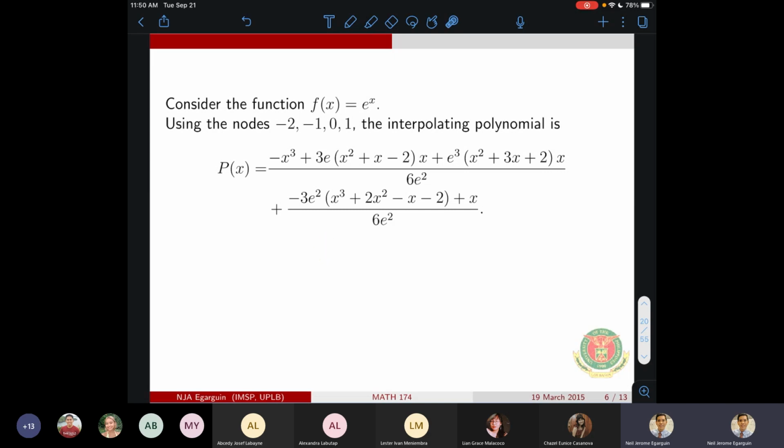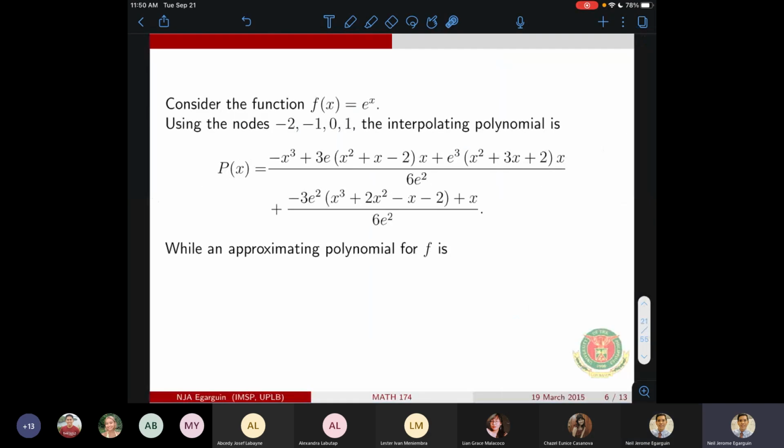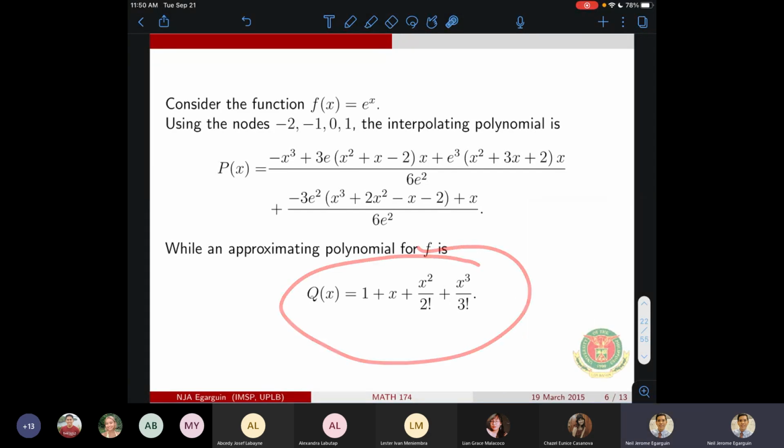If you plug in 0, p of 0 will be equal to 1. And so on for the other two interpolatory abscissas. So lagi siyang magpa-pass through doon sa given abscissas. Okay? While an example of an approximating polynomial for f is this guy. Do you guys remember what q is?